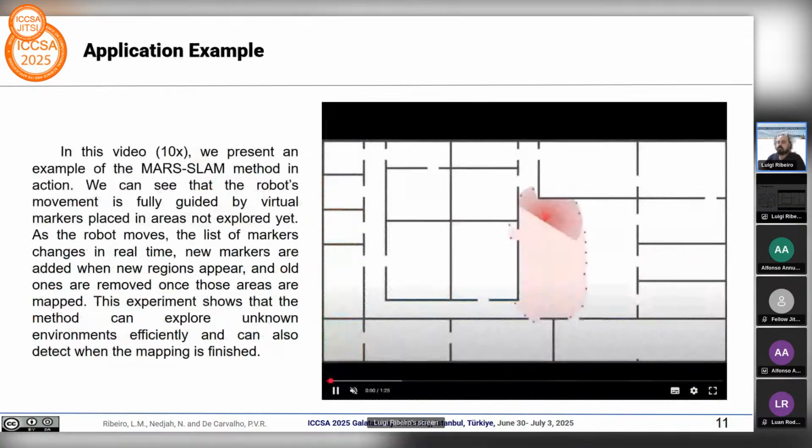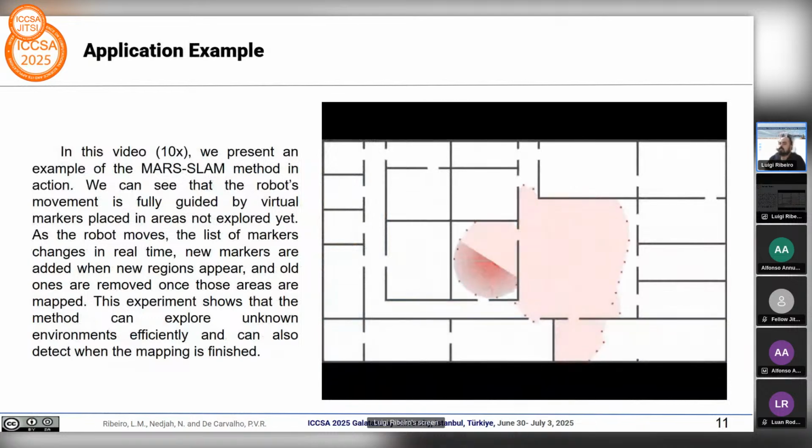Application example. In this video, we present an example of the MARS-SLAM method in action. We can see that the robot's movement is fully guided by virtual marks placed in areas not explored yet. As the robot moves, the list of marks changes in real time.